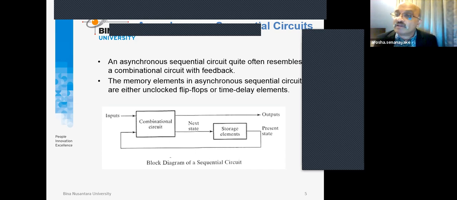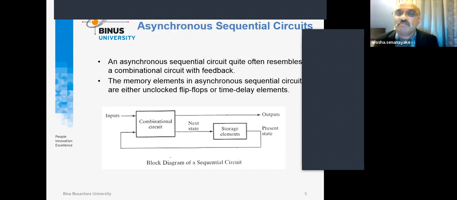So that's where this feedback is important for us to retain some of the values, and those values provide a kind of insight into the variations of the input variables and transform into the output.